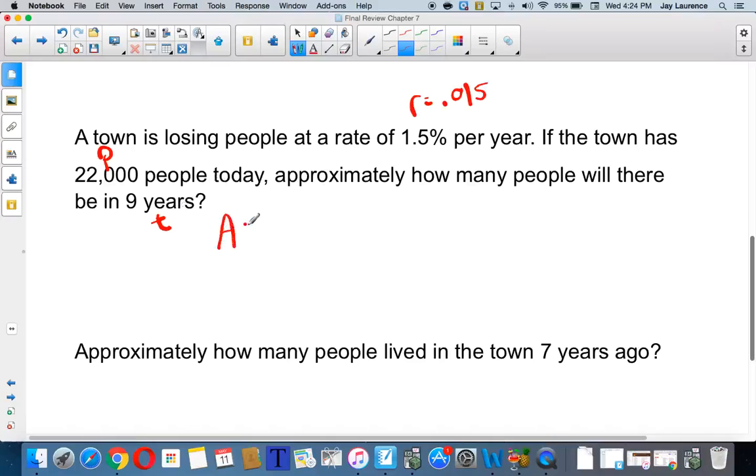Right, so A equals 22,000 times 1. It's losing people, minus 0.015. I don't need to worry about dividing by 1 because it won't accomplish anything. And then I don't need to multiply 9 times 1. I'm just going to put 9. And now I can go to my calculator.